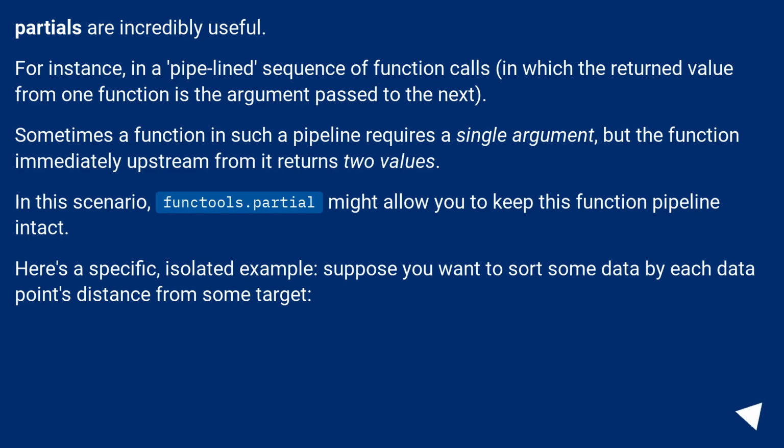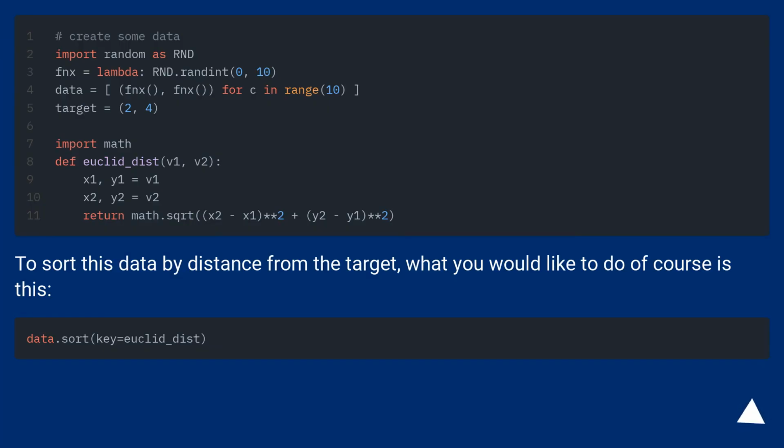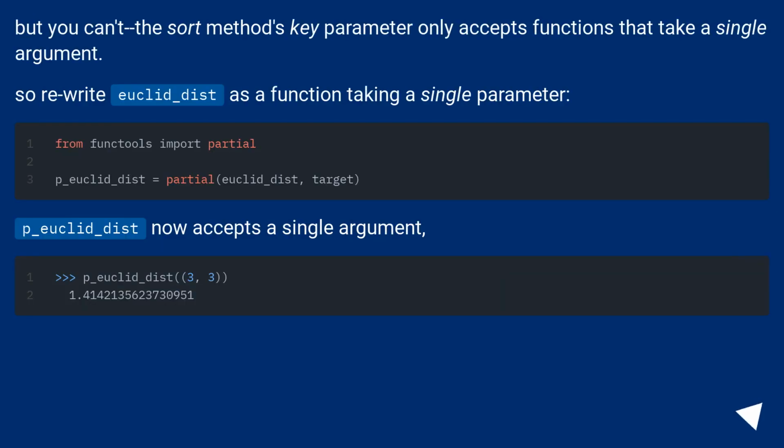Suppose you want to sort some data by each data point's distance from some target. To sort this data by distance from the target, what you would like to do of course is this. But you can't.